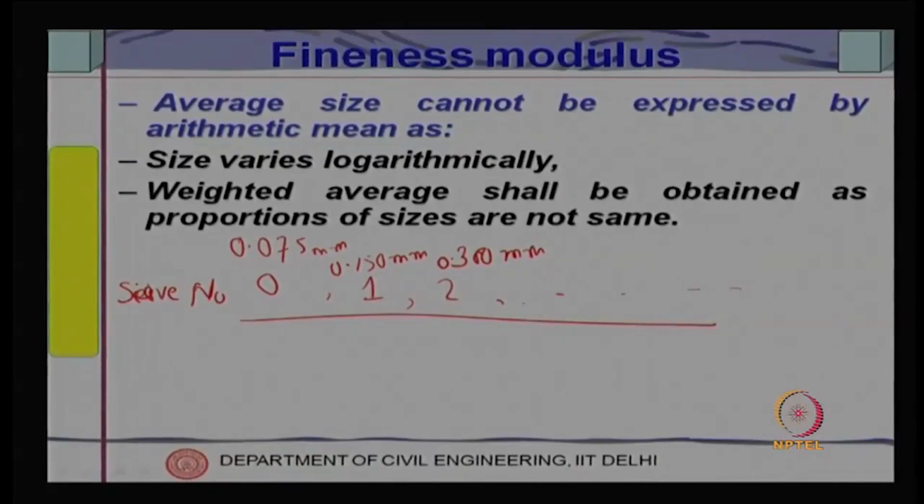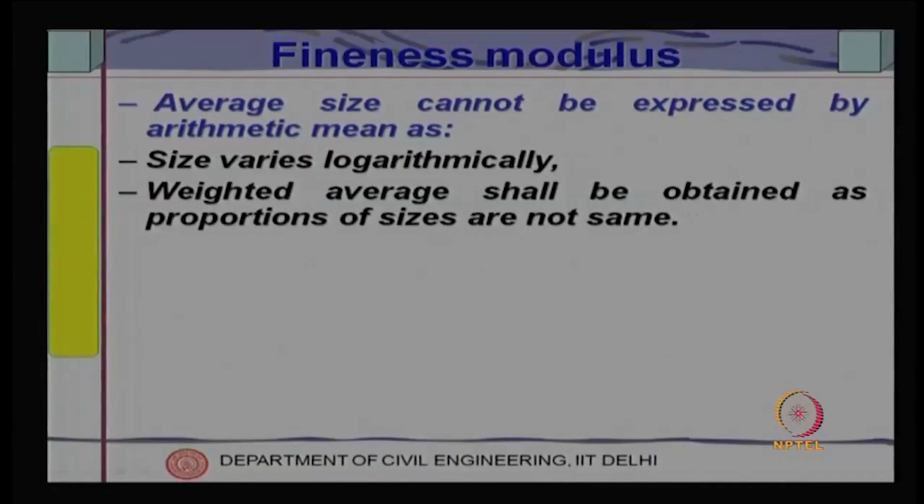If the average value is 3.5, it would mean that the average sieve number is 3.5. That is what we do, a weighted average. So, we find the average sieve number, and fineness modulus actually represents the average sieve number.